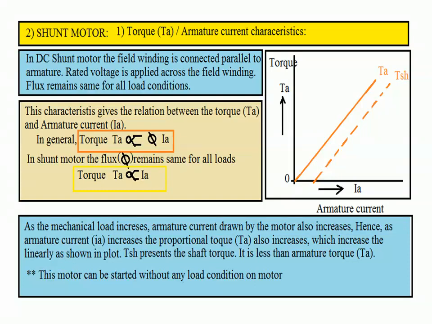As the mechanical load increases, the armature current drawn by the motor increases. As the armature current increases, torque also increases linearly, as shown in the graph. From this characteristic, it is also clear that the shunt motor can be started without any load.